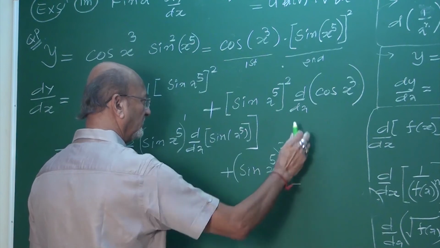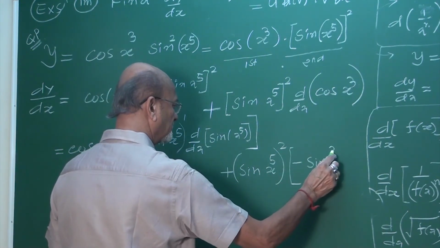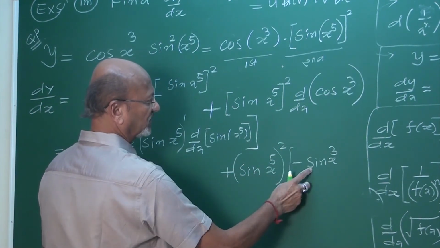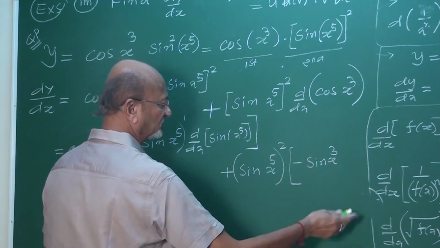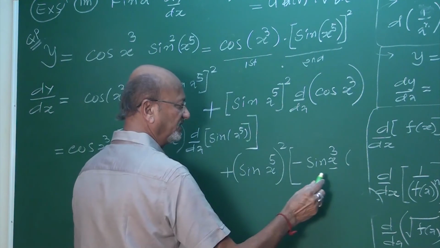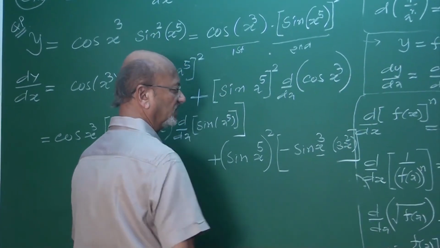What is it? Derivative of cos is minus sin, angle as it is. Is it x? No, sir. Write its derivative, 3x square. Hope it is clear.